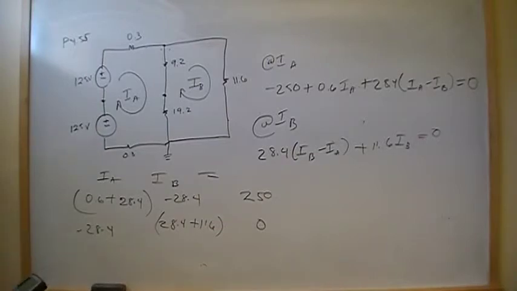Let's try this again. Maybe I just typed it wrong. Okay, so 0.6 plus 28.4, negative 28.4, 250, negative 28.4, 28.4 plus 11.6 and 0.